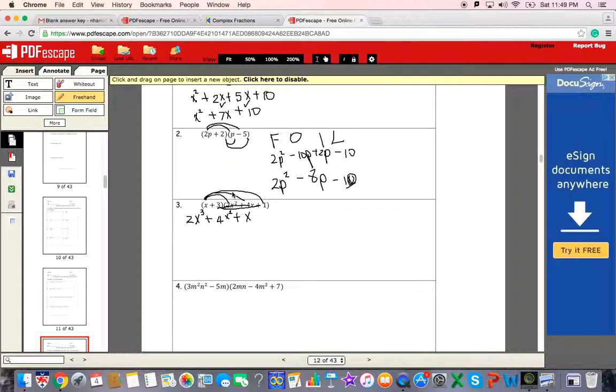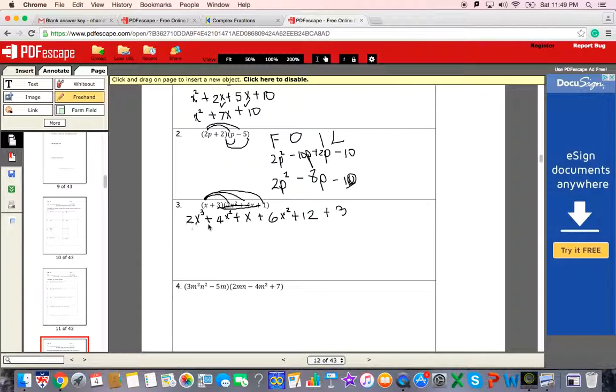So 3 times 2x squared gives us plus 6x squared. 3 times 4x gives us plus 12x. I really hope I'm seeing this correctly. And 3 times 1 gives us plus 3. All right, I do think I saw it correctly.